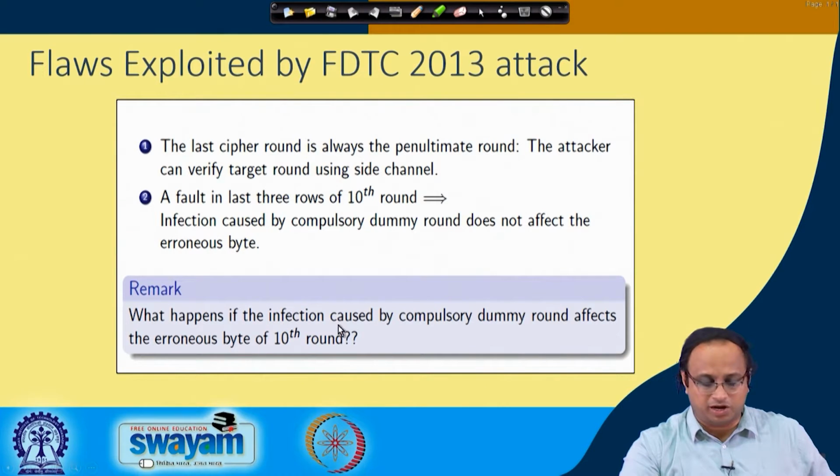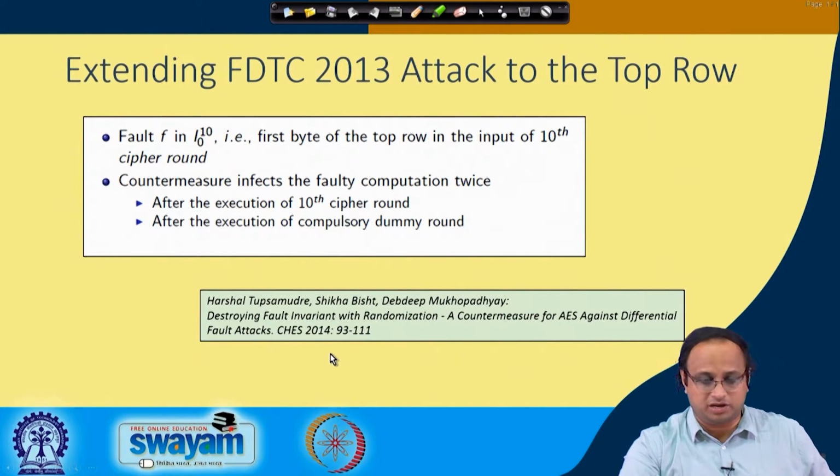So now the question is, what happens if the infection caused by the compulsory dummy round affects the erroneous byte of the 10th round? More importantly, suppose this particular attack happens in the top row, then what will happen? The fault F in I010, that is the first byte of the top row in the input of the 10th cipher round, is now where the fault is seated.